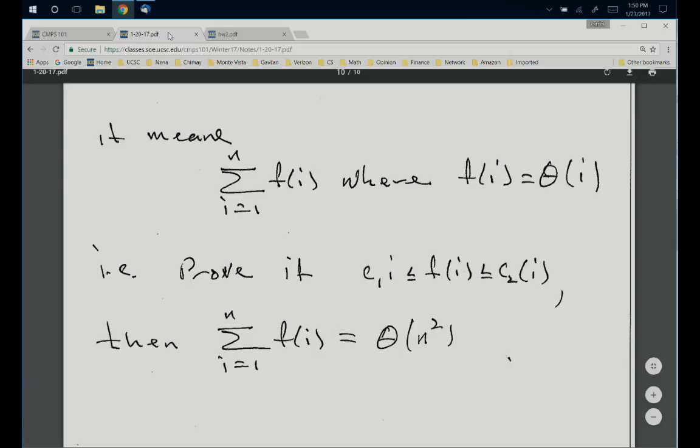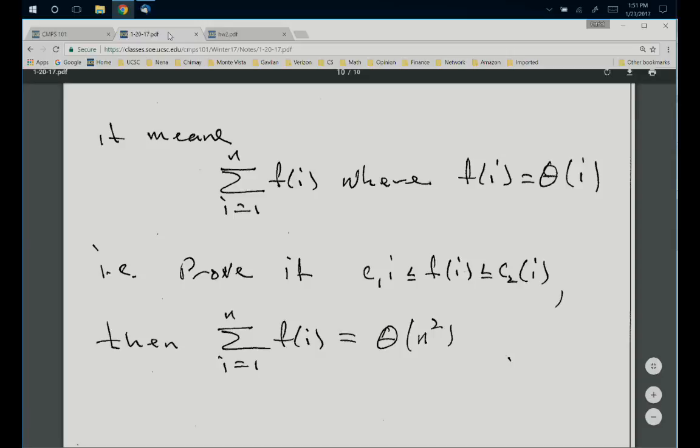Okay? Here we would say that g of n is a strict asymptotic lower bound to f of n.